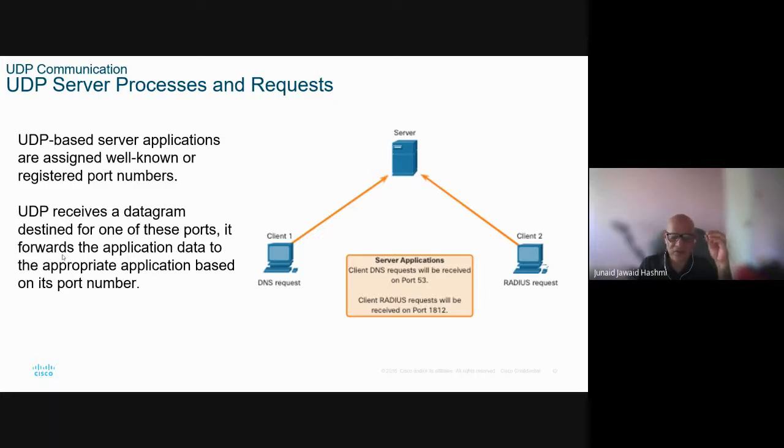FTP uses TCP. There's a variation of FTP called TFTP, Trivial File Transfer Protocol. The difference between these two protocols: they both are used to transfer files over the network, but one uses TCP and the other uses UDP.